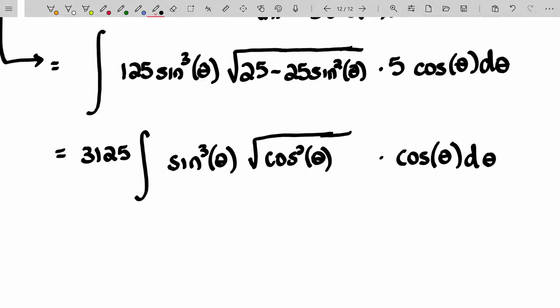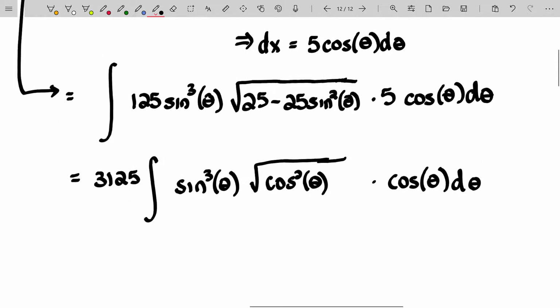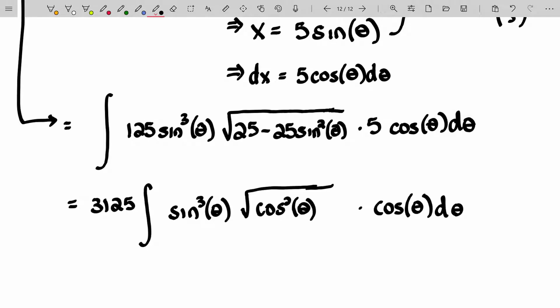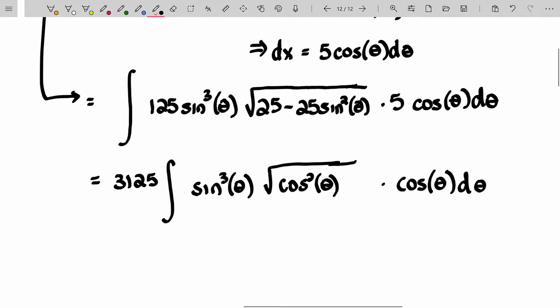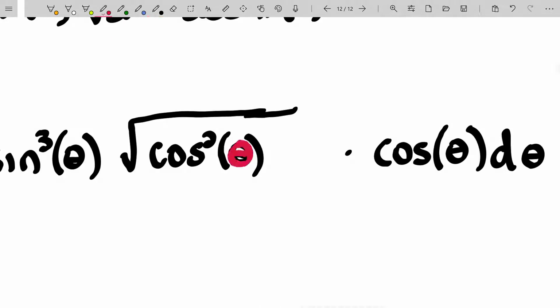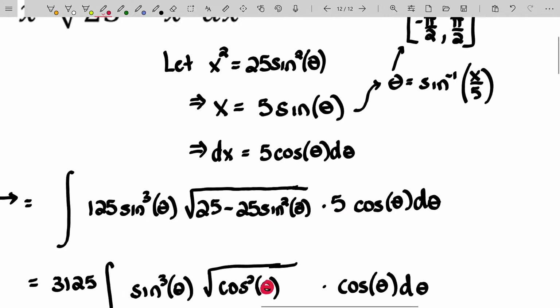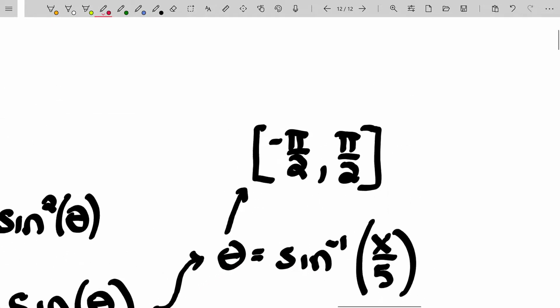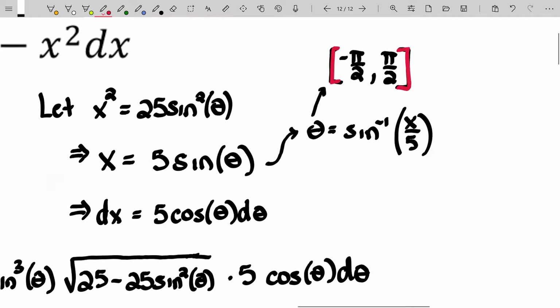I have a video on this that I just recorded and posted on YouTube. The square root of cosine squared normally would return the absolute value of the cosine. However, these angles that we're using here are restricted. Specifically, they're restricted to be between negative pi over 2 and positive pi over 2, in other words, quadrants 4 or 1.